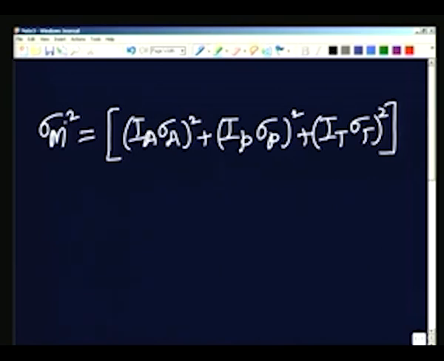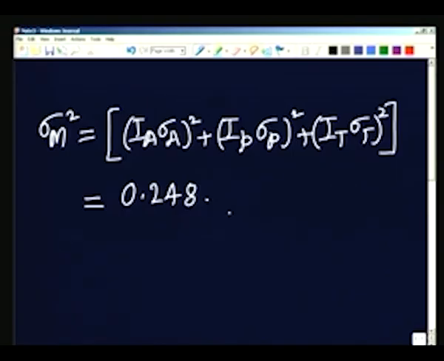If you want sigma m, all I have to do is to take a square root and put a plus or minus sign. In fact, you can substitute the values which were obtained in the previous slide. I will leave it as an exercise for you to complete. It will give you 0.248. That is the value of sigma m squared.